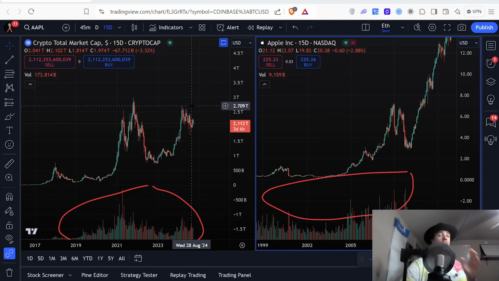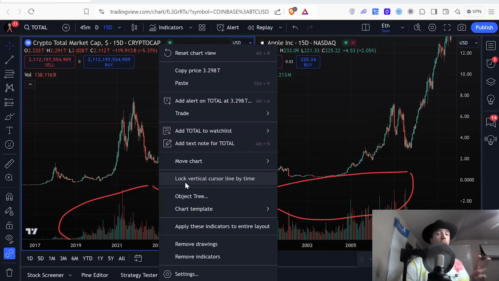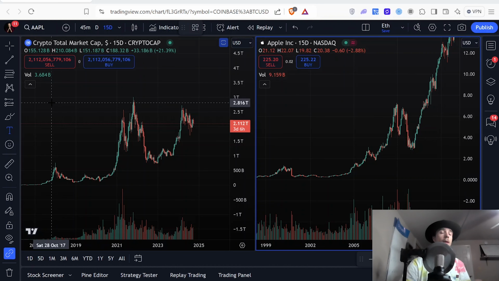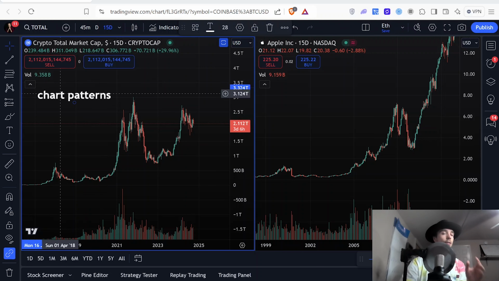So let's talk about the other thing that I look for. Number 2, most important thing when I'm trading and investing in crypto. So number 1 is volume. Number 2 is chart patterns. It sounds so simple, but chart patterns are so powerful.